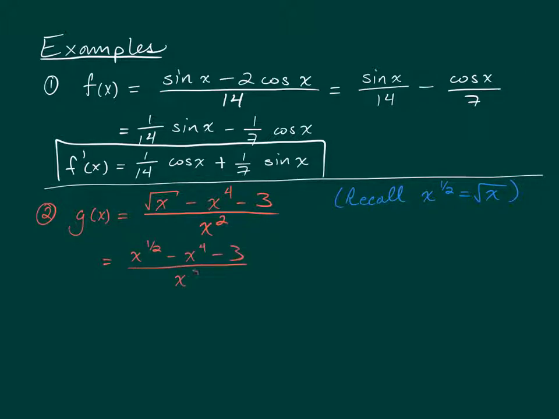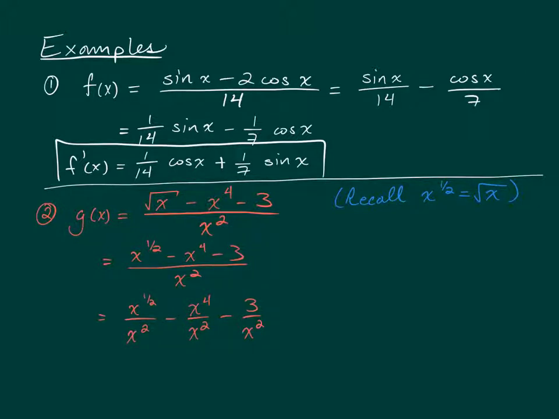all over x squared. Now the next step I'm going to do is something similar to what I did up here, split one fraction into many. All right, so that will mean g of x equals x to the 1/2 over x squared minus x to the 4th over x squared minus 3 over x squared.